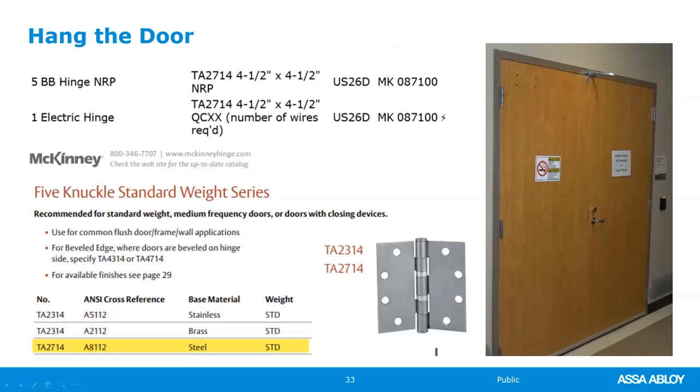The number of wires as required. Whoever is supplying this would check on how many wires they need for the request to exit switch and powering the lock, and then figure out the length of that wire and put that into their detail. But just standard weight, 4.5 by 4.5 inch hinges. These doors are only 3 foot wide, not a high frequency opening.